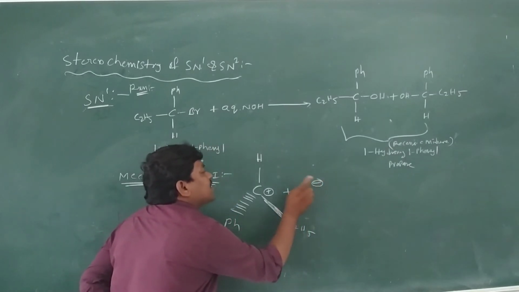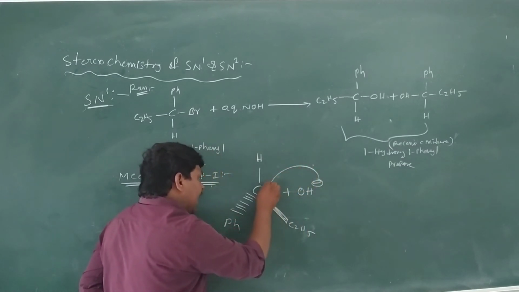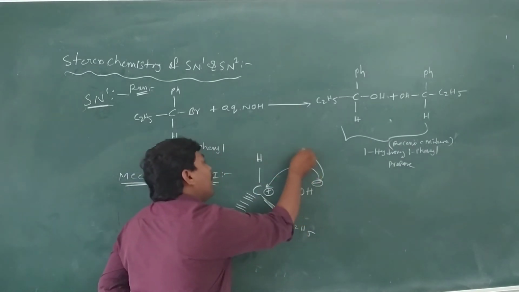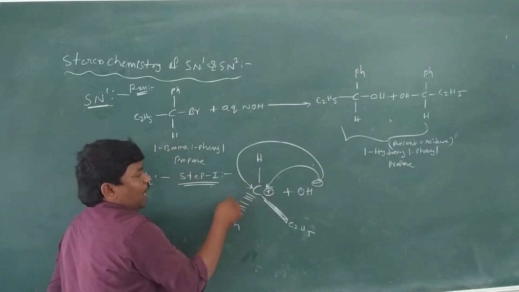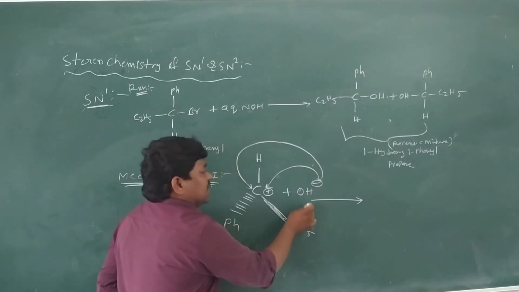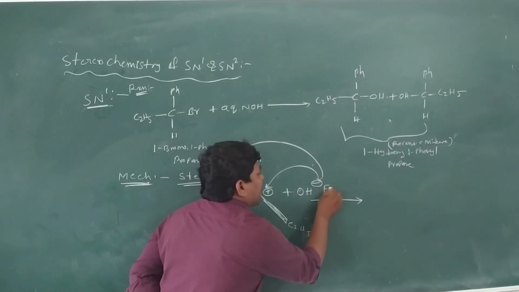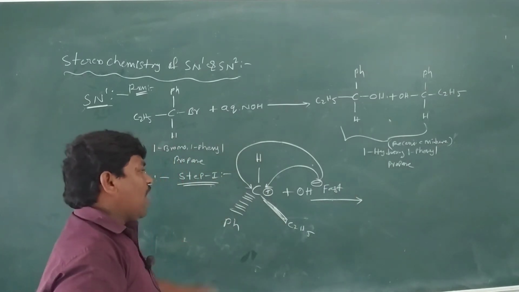OH minus is a nucleophile. The nucleophile attacks on the front side and back side to form a racemic mixture. This is a very fast step.